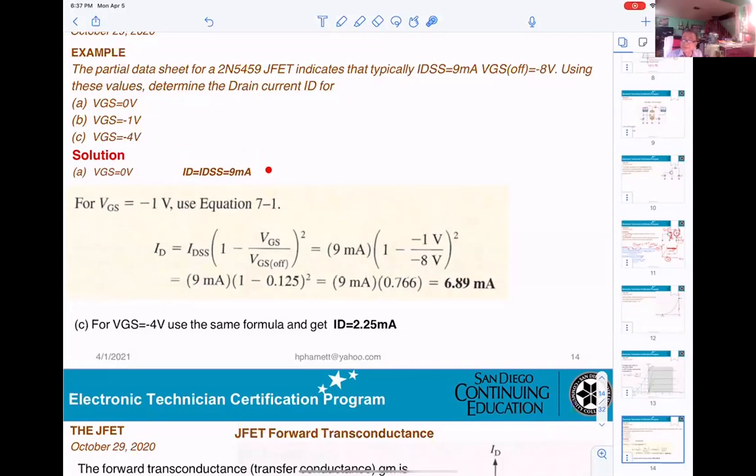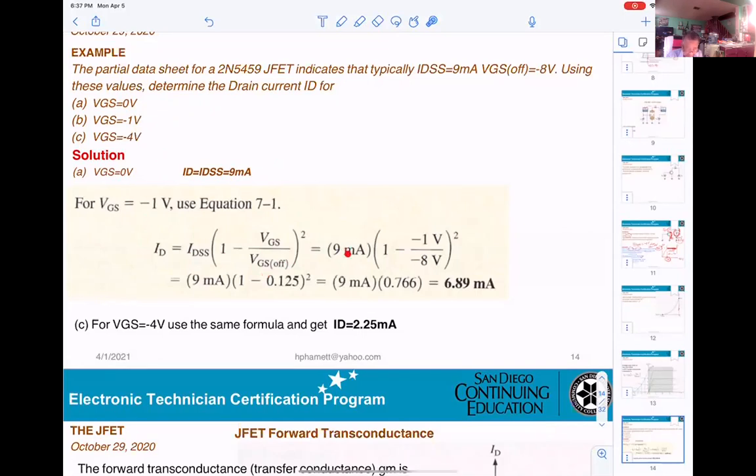That method requires understanding. ID equals IDSS when VGS equals 0, so that's 9 milliamp. Now they want ID for VGS equal to minus 1, so you must use this formula: IDSS times 1 minus VGS over VGS off, squared.